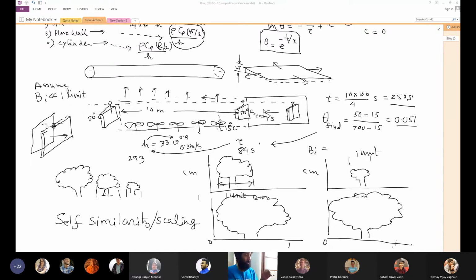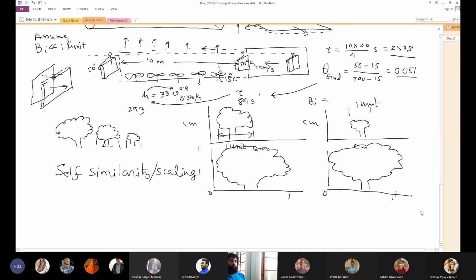We need this today. So that means different objects, different plots, if they are scaled in a proper way, overlap over each other. Is that clear?